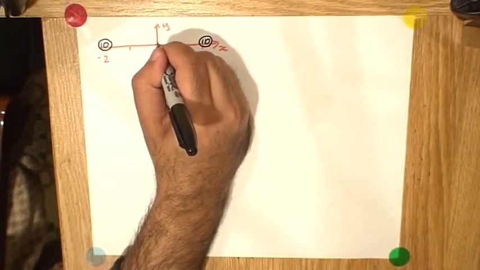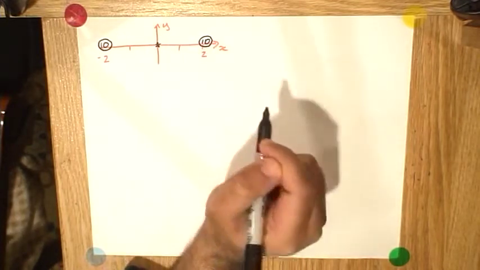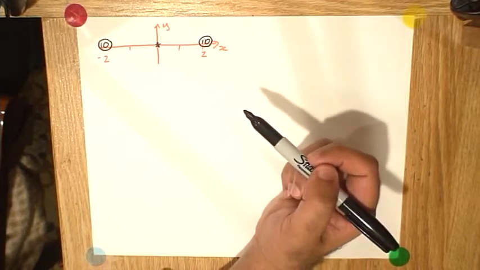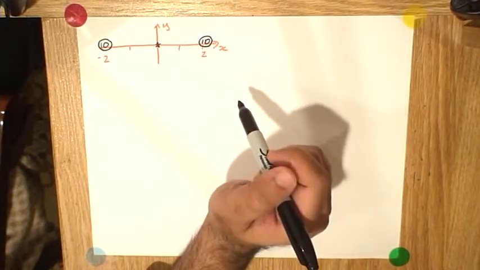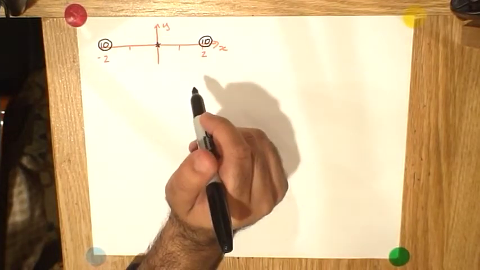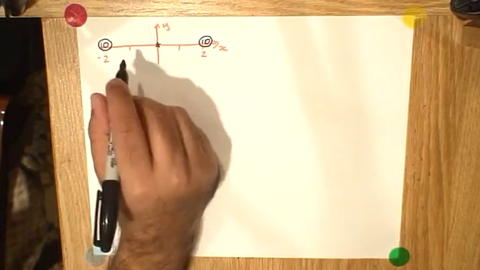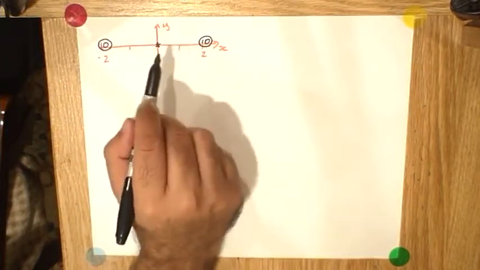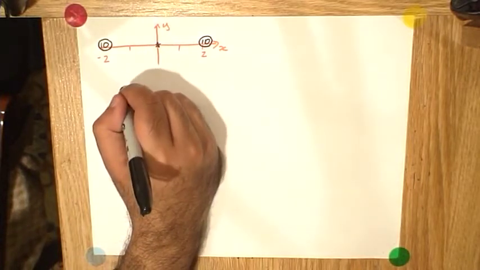And here is the center of rotation. It's at the origin. It will be convenient to set the center of rotation at the origin for all moment of inertia calculations. Now, let us solve for the moment of inertia of this system, how hard it is for these two to rotate about their common center.